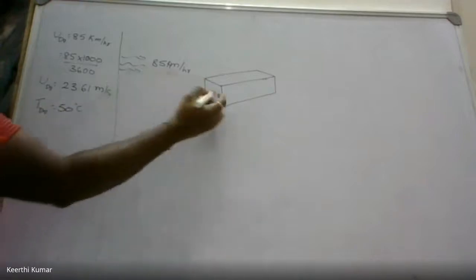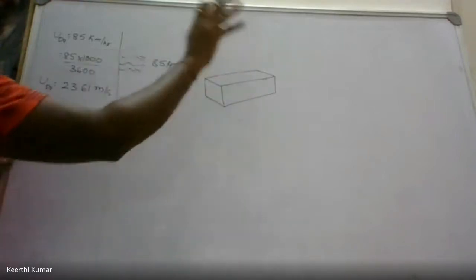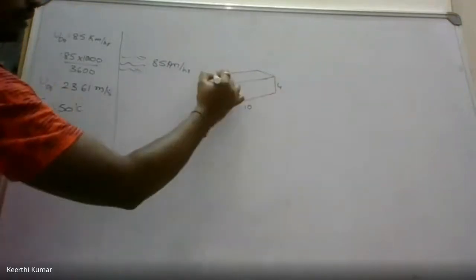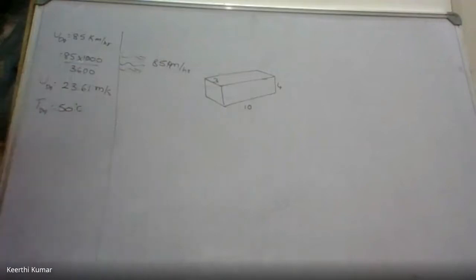Now this truck is moving, so the air is blowing over the surface. Next, what is given? The rectangular shape of size 10 meters, so we take 10, 4, and 3 as the dimensions of the truck. Assuming the boundary layer is turbulent, he himself has given it as turbulent already.